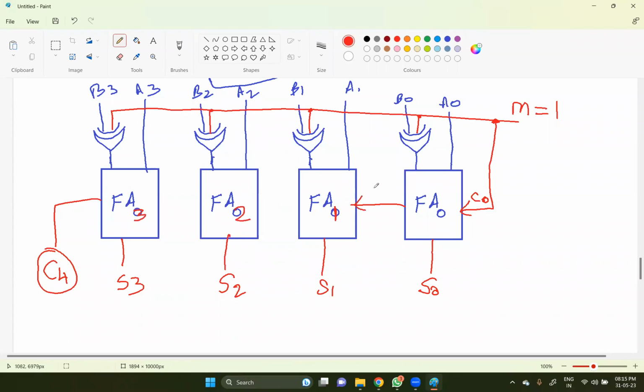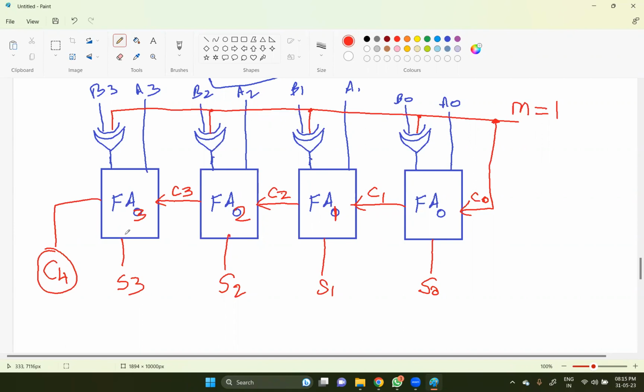So this will be C1, and this will be C2, the carry goes to this, and this will be C3, and finally you get this here. Okay, so this is the way you have to draw the logic diagram for a 4-bit subtractor, and of course it could be taken in terms of adder and subtractor as well.